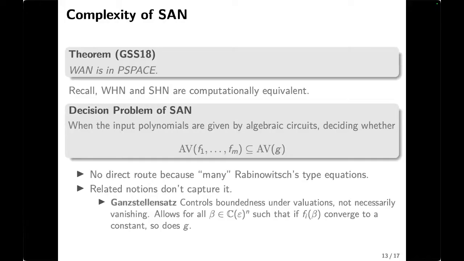They allow these variables to still be from C[[epsilon]], but each of them is allowed to evaluate to some finite constant and not 0. And then they ask whether g also takes some constant value. While very close, it's not exactly the same thing, because we talk about vanishing and they talk about being well behaved, in the sense that everything converges to some finite value.